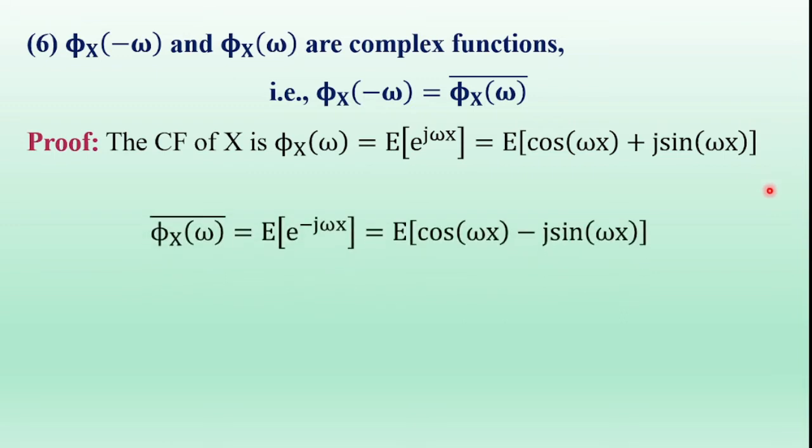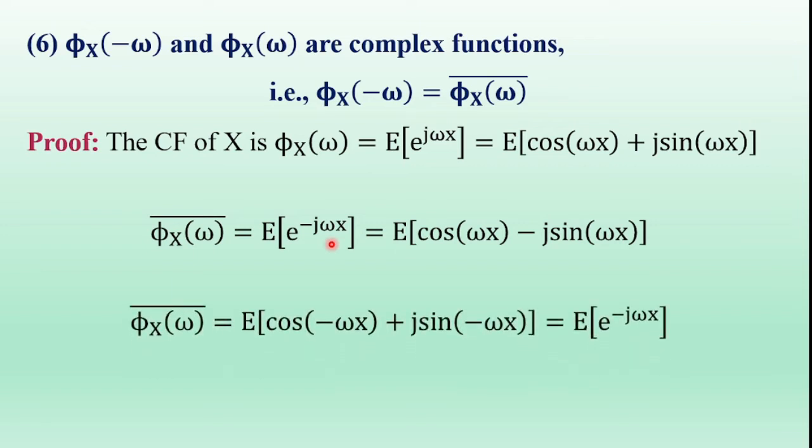Similarly, expectation of e power minus j omega x, using Euler identity, is cos omega x minus j sin omega x. So that is, expectation of e power j omega x is pi x of omega, and expectation of e power minus j omega x is pi x of omega bar.